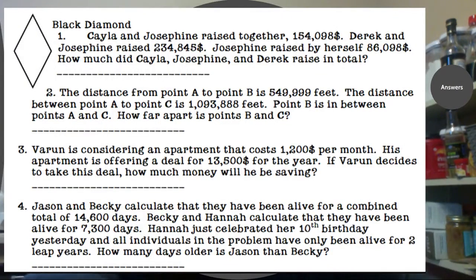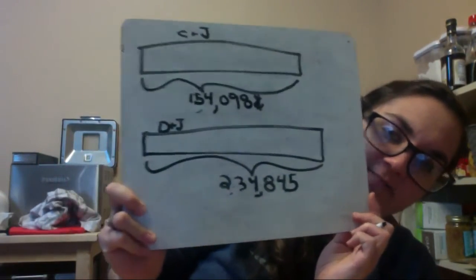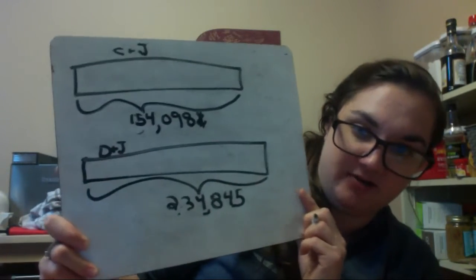They raised $234,845. All right. So this is what my bar diagram should look like so far. Even if you're totally lost and confused and you just write down this bar diagram, so far you're going to be on the right track.